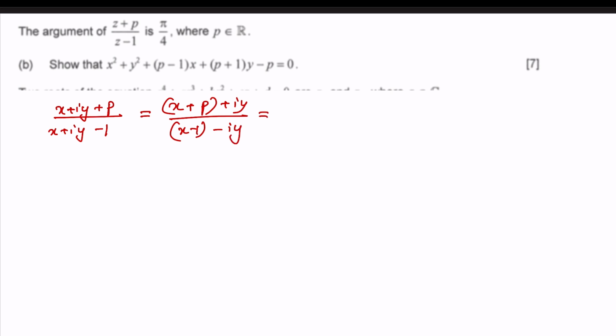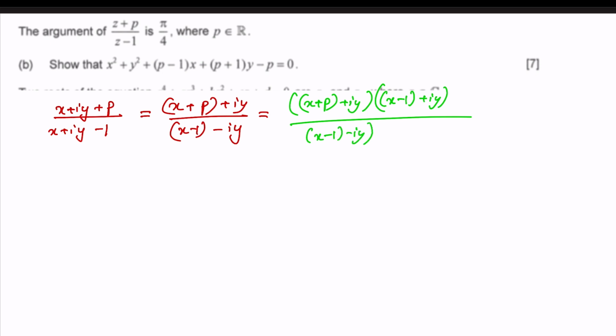So I'll multiply and divide with the conjugate of the denominator, which is x minus 1 minus iy.